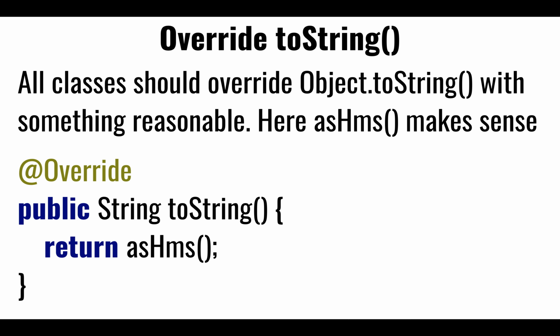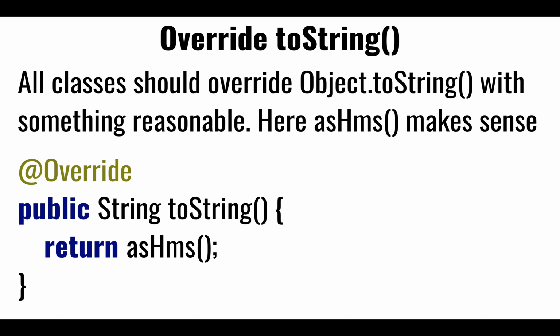Especially if you're looking through a stack trace or debugging, it's so much easier to convert it into some string representation that makes sense to us. And we already have a function that can take this instance and convert it into a user-friendly, human readable format. So that's a pretty easy no-brainer. We're going to use asHMS, hours, minutes, and seconds, and that's what toString is going to return.